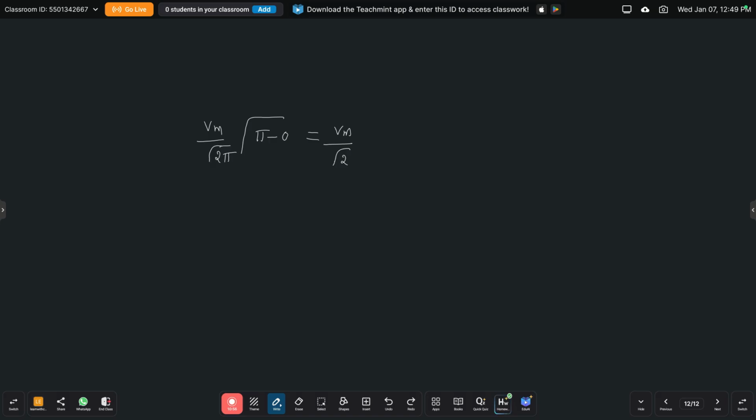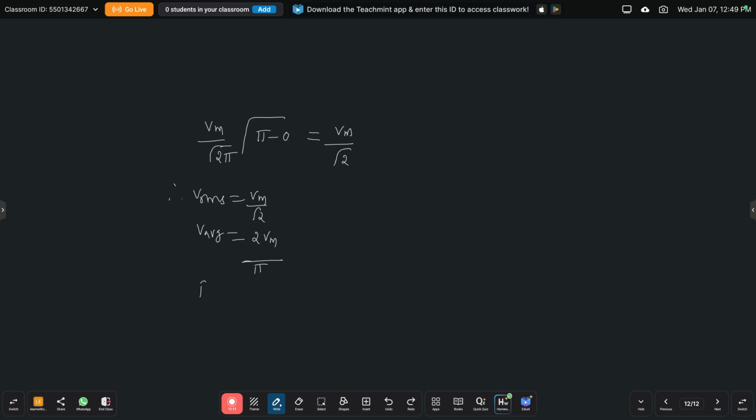So therefore the RMS value we got is Vm by root 2 and the average value we got is 2 Vm by pi.